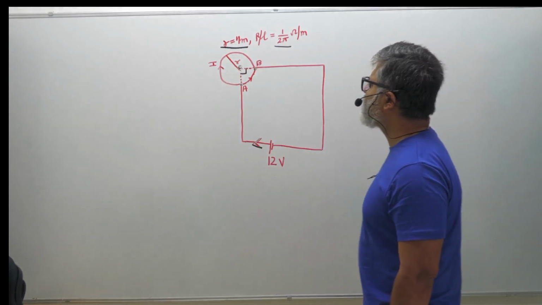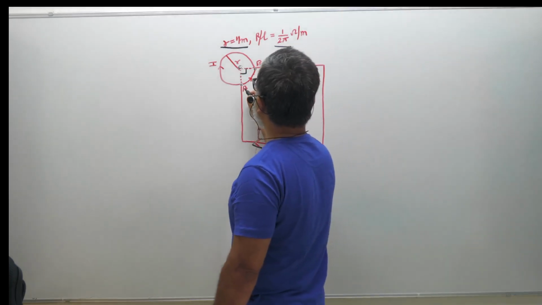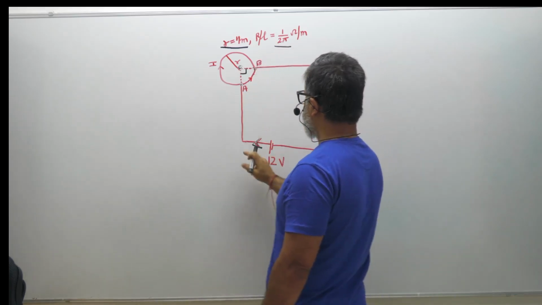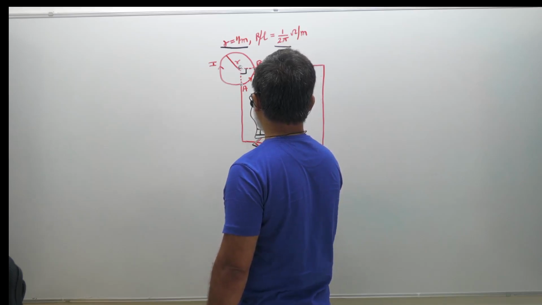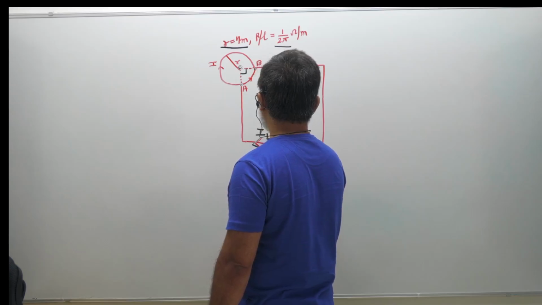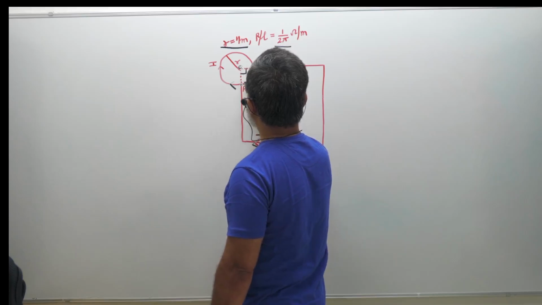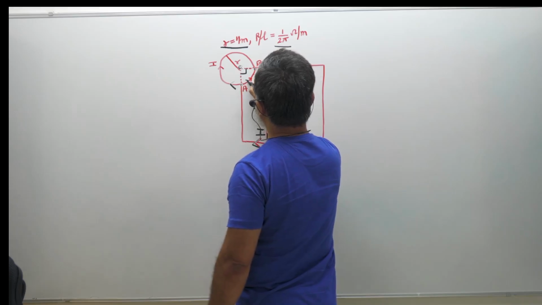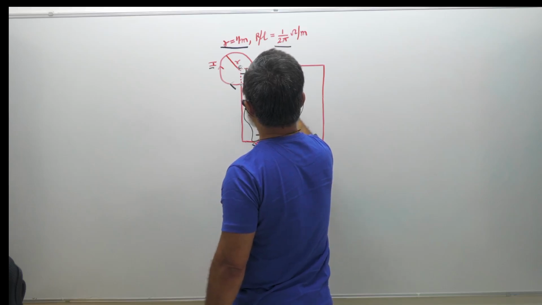Now let's look at this circuit very carefully. At this point A, let the total current be I1. Some part of the current enters this node, and the balance current will enter this point. So let's say this current is I, and this current is I2.